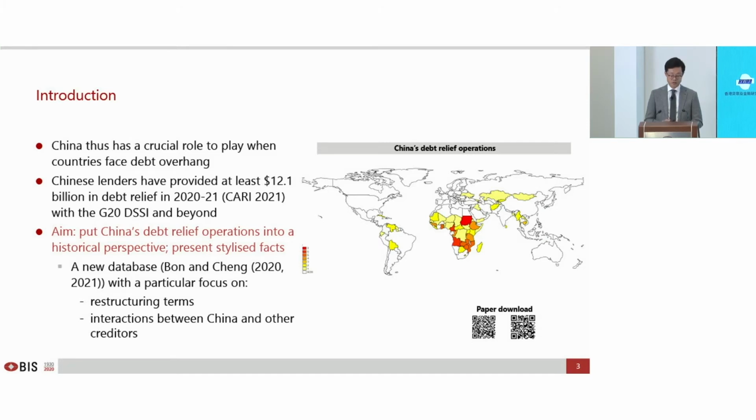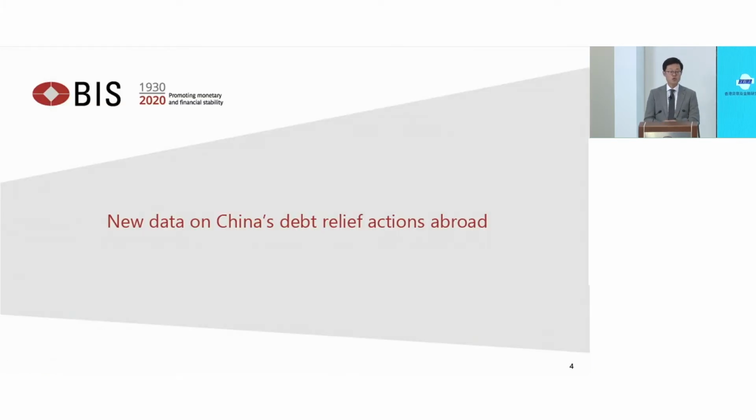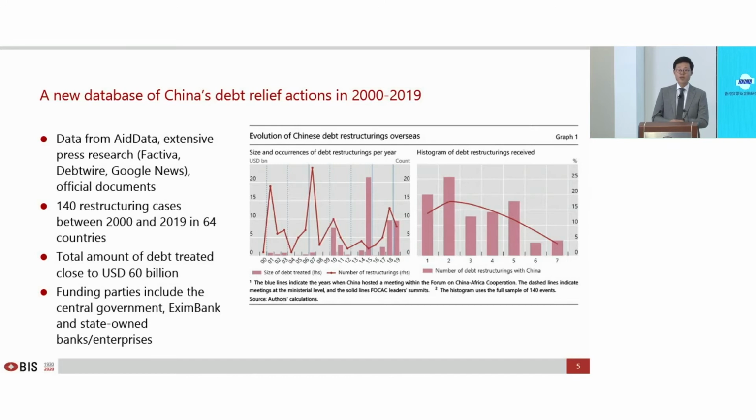So to start with the data, we built our work upon AidData several years ago. But AidData, which is pretty much under the radar these days, mainly provides data about loans, for instance, Chinese loans to developing countries.